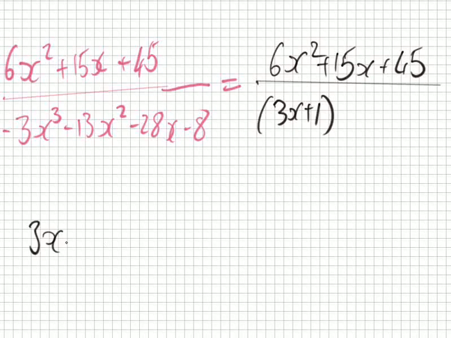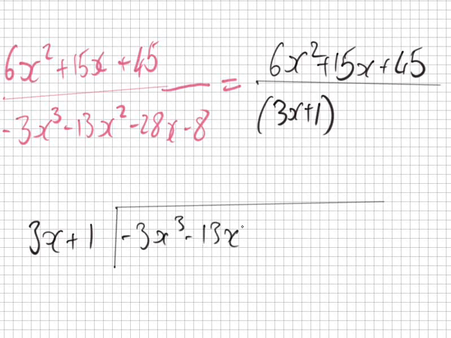I'm sorry, Amjad. Look, it won't take that long. We can do these quickly now. Minus 3x cubed minus 13x squared minus 28x minus 8. Okay, so the first one will be minus x squared.